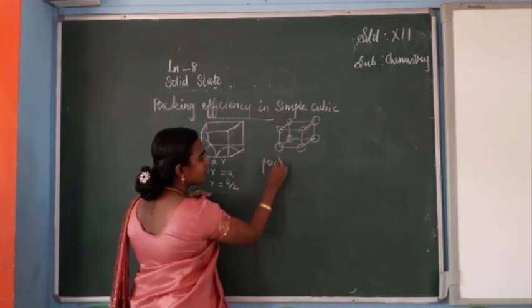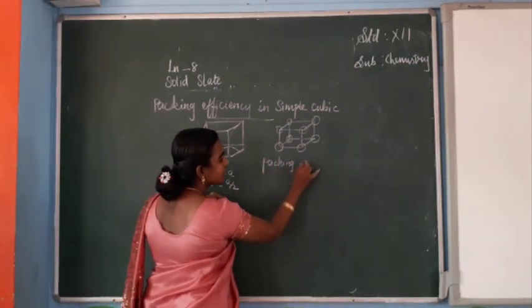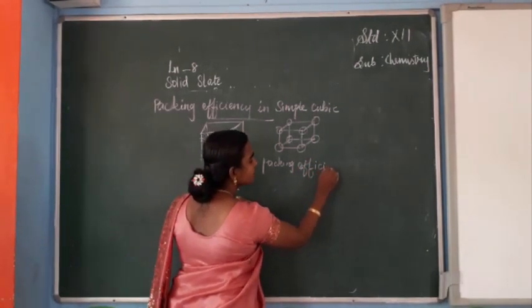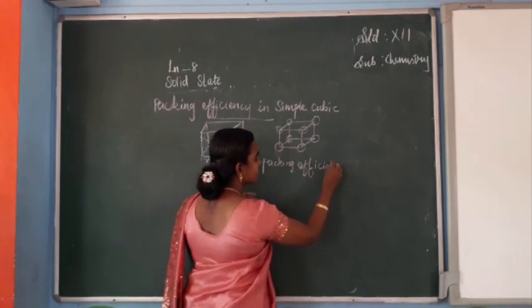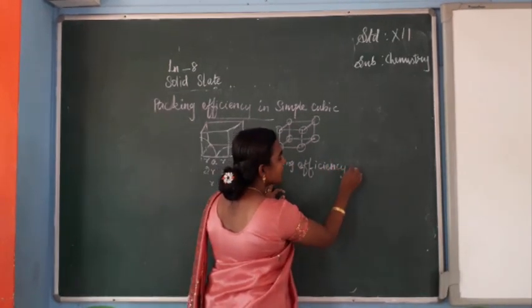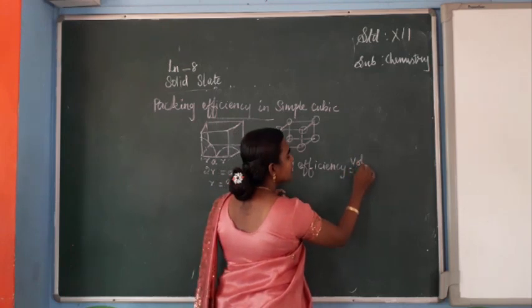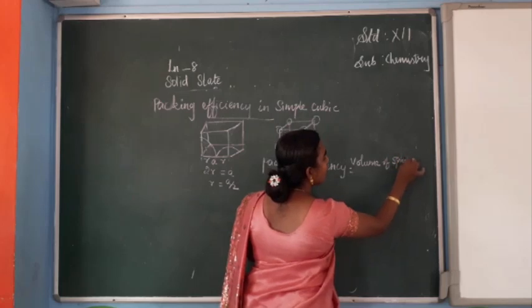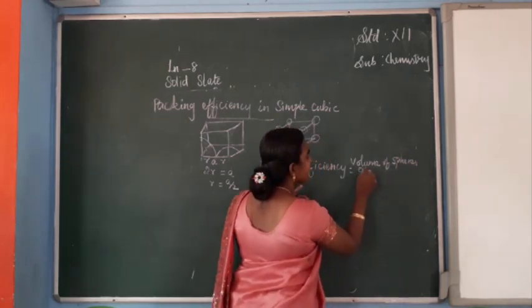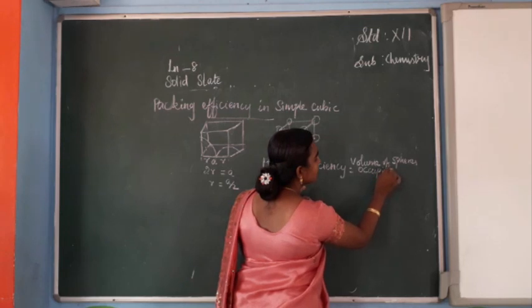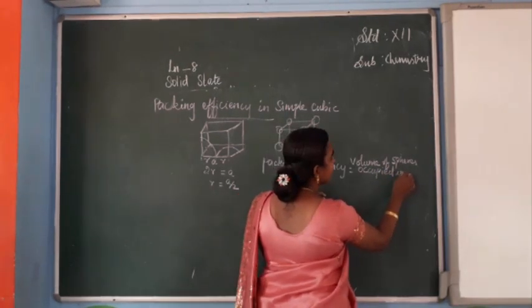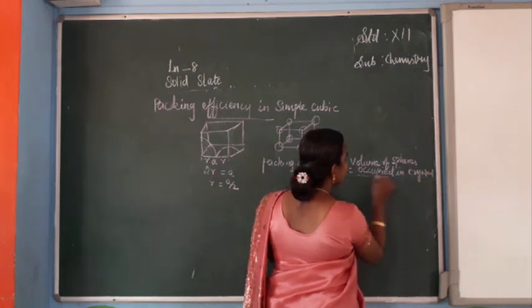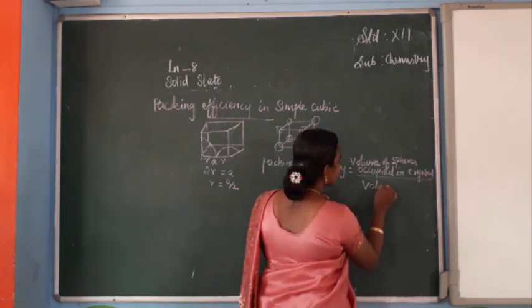Packing efficiency formula: packing efficiency is equal to the volume of spheres occupied in the crystal divided by the volume of the crystal.